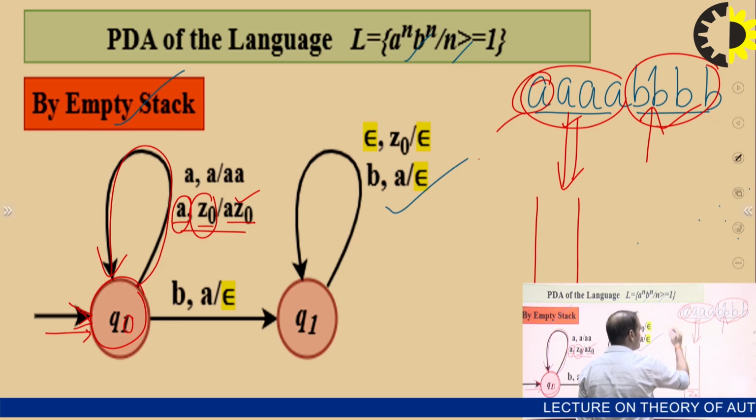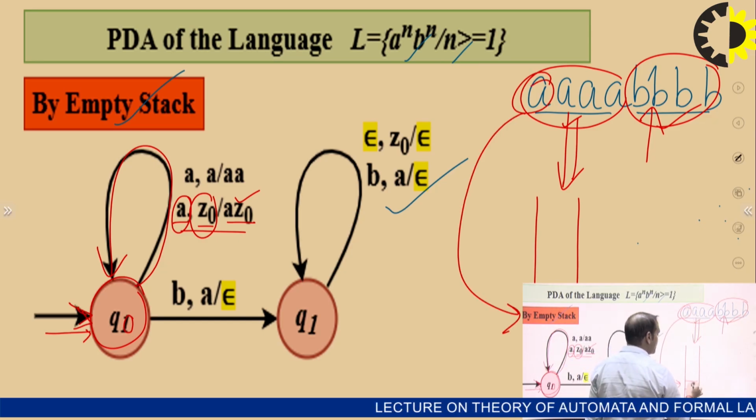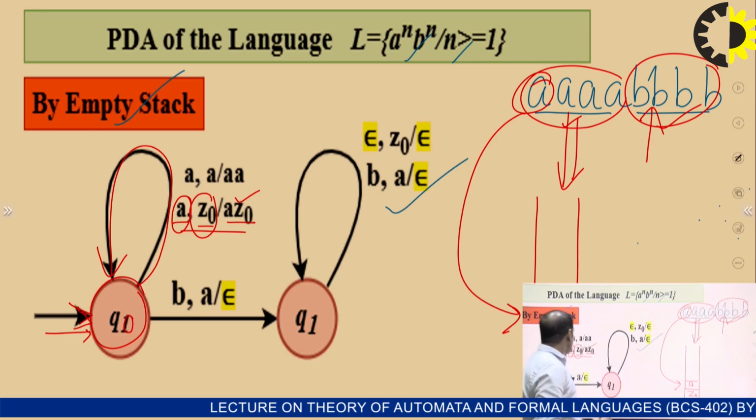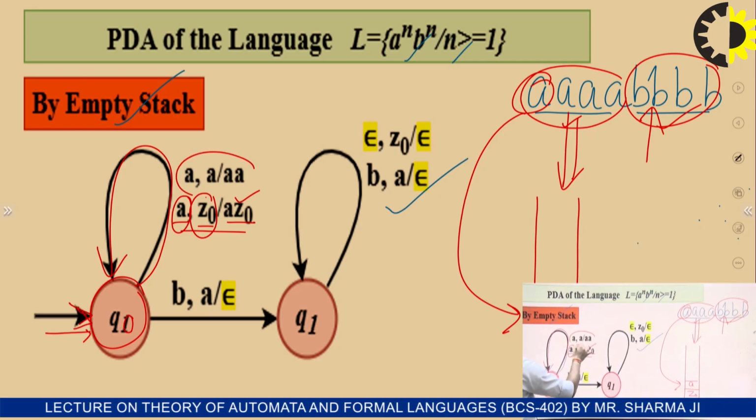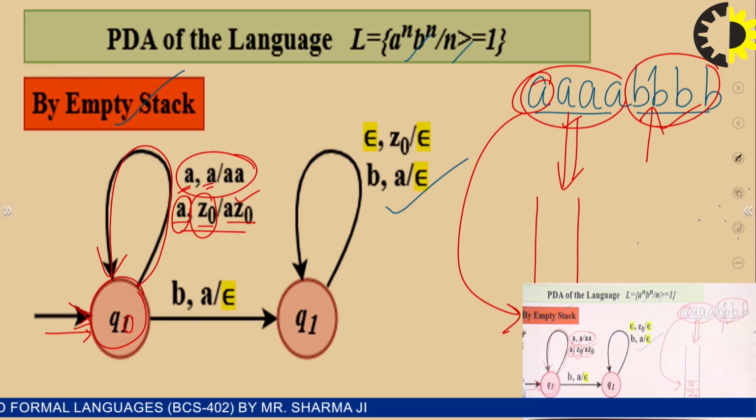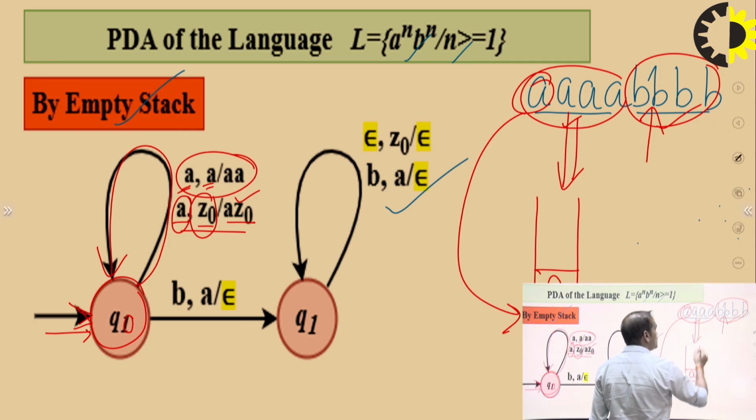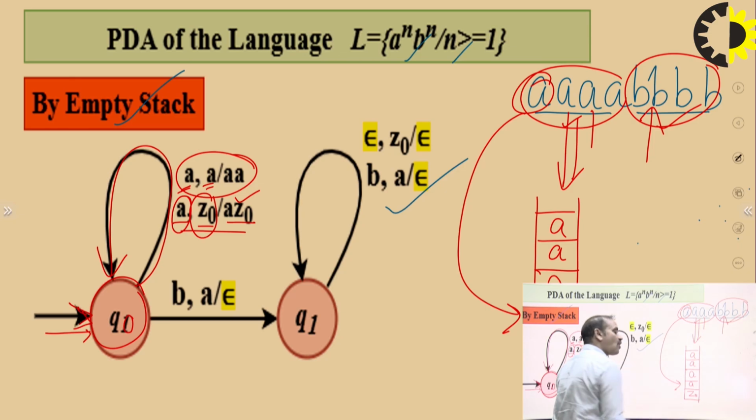First A is pushed inside the stack, here A. Now, the second statement is input A, top of the stack A, then double A. The next A is pushed, the third A is pushed, the fourth A is pushed like this. We have to push all the A's inside the stack by this statement.